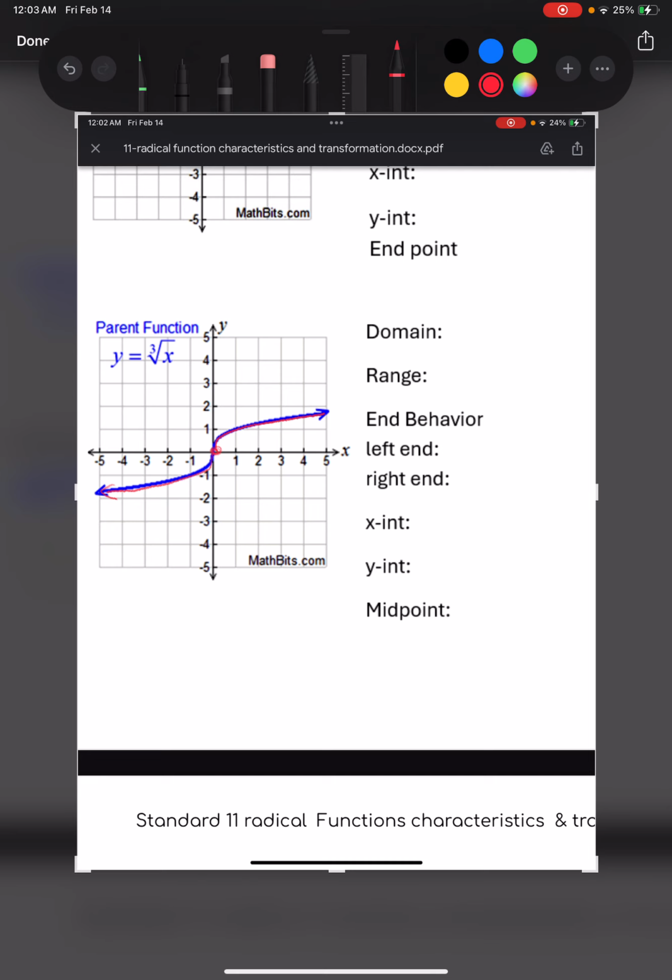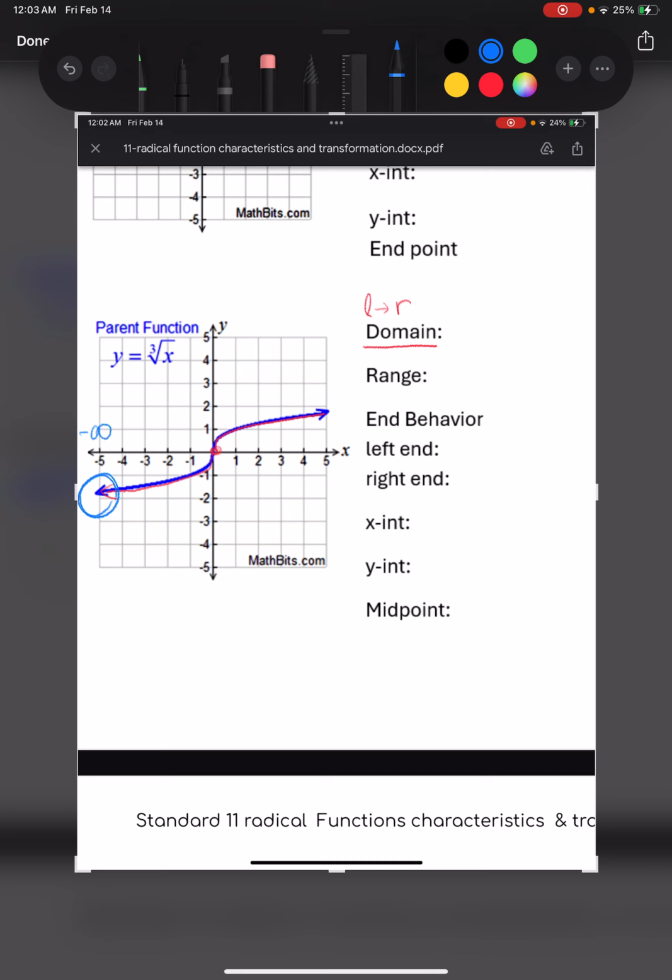Again, domain is from left to right. The very left point that I see is this one. I'm going to circle this one, the very left point, which has the arrow, which means it goes continuously to the very end.